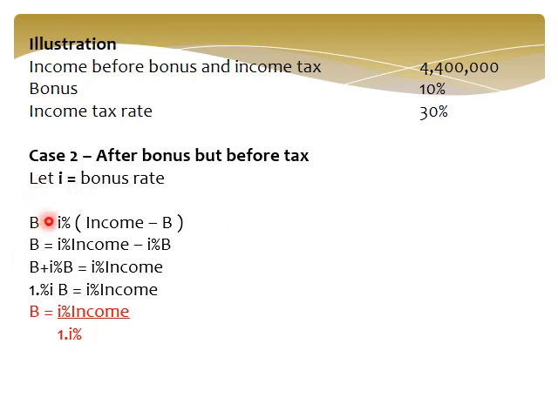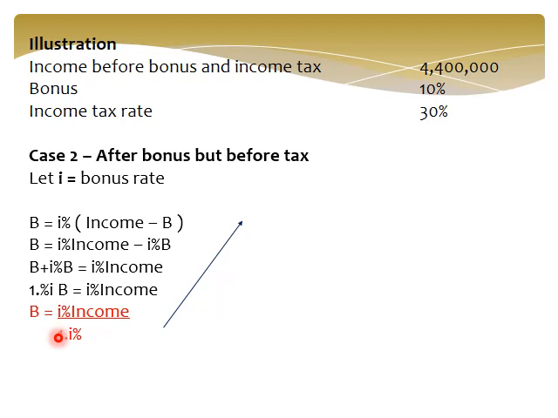So bonus is equal to I. The bonus rate is based on income before tax but after bonus, so income minus bonus multiplied by the bonus rate. Using this algebraic expression, we come up with this formula: bonus is equal to bonus rate multiplied by the income divided by 1 plus bonus rate.